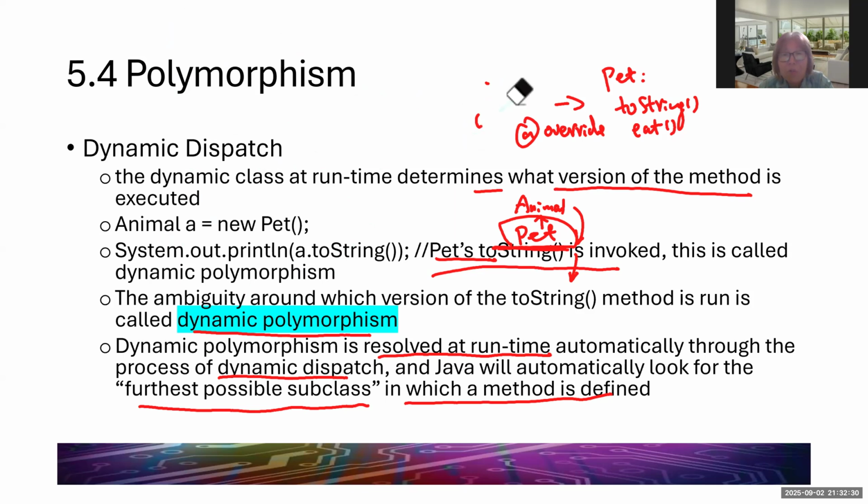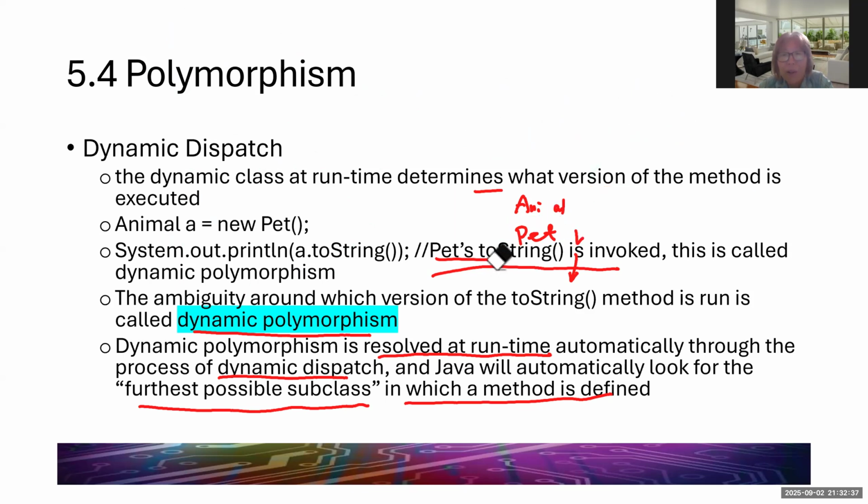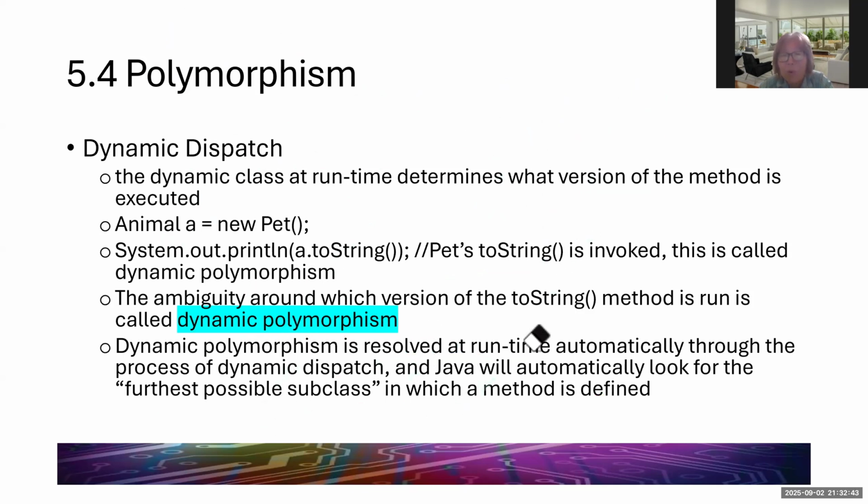Animal has its toString and eat, and Pet has them too. That's why in an inheritance relationship we get polymorphism: two different forms of toString.